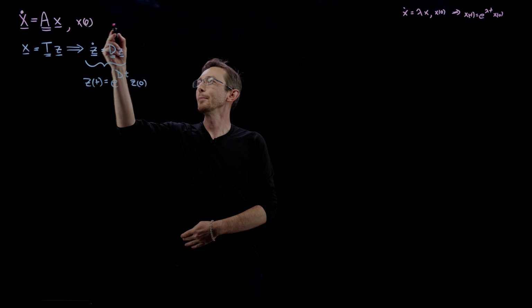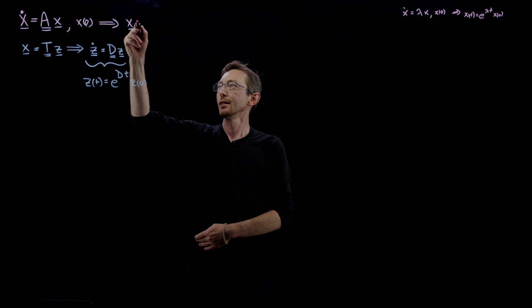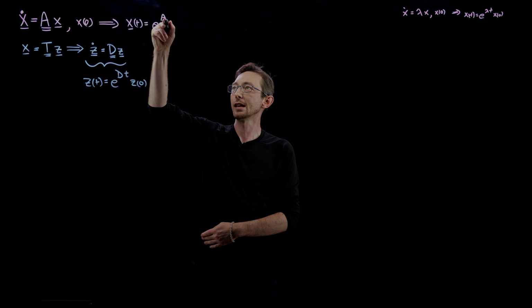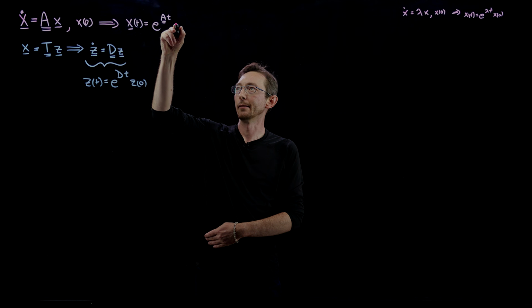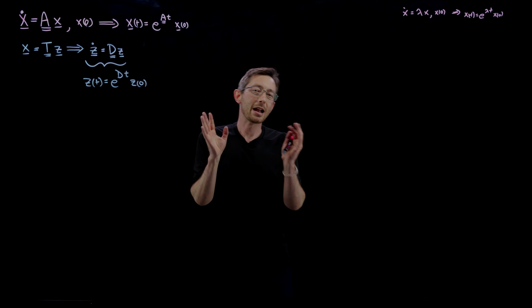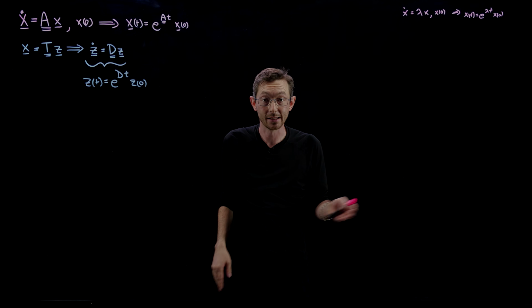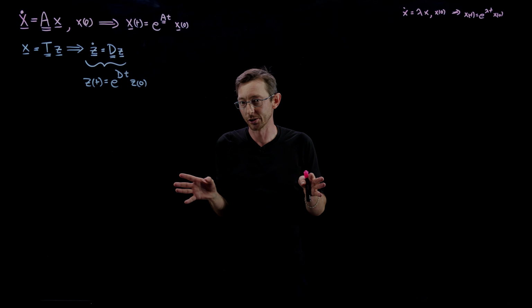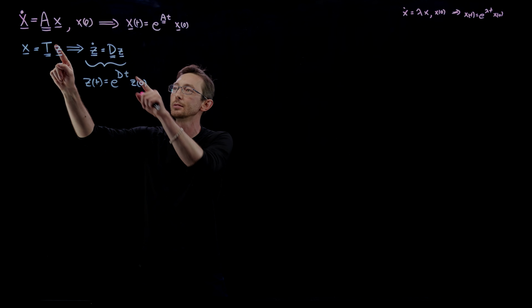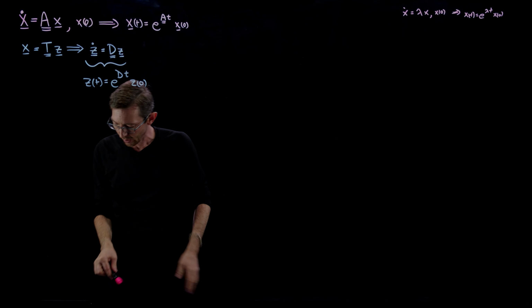And so here I'm guessing that I get something similar, that my vector x at time t is probably going to be e to the matrix A times time, times a vector of initial conditions. Okay? Now the question is, how do I compute this matrix exponential? I haven't shown you how to do this. That's one of the things I'm going to show you in this lecture: how to compute this matrix exponential, and how to use T and D to make it really easy to compute.